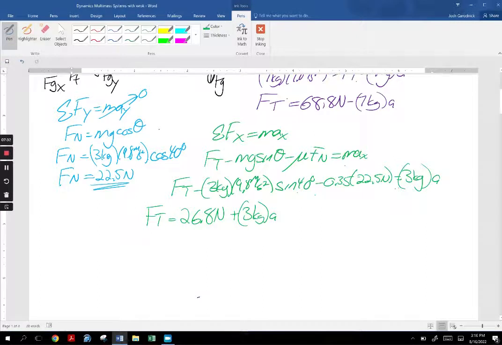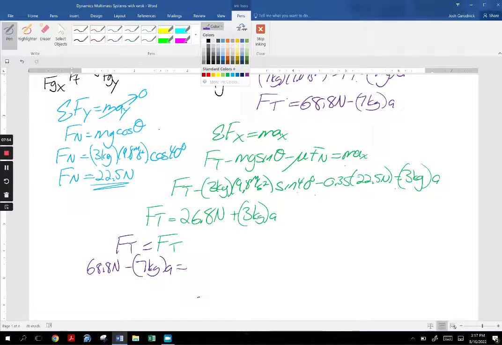So I can set Ft equal to Ft, if you know what I mean. They're the same Ft's. Therefore, computer's a little laggy today. I have 68.6 newtons minus 7 kilograms times the acceleration is equal to the other tension, which is 26.8 newtons, plus 3 kilograms times acceleration.